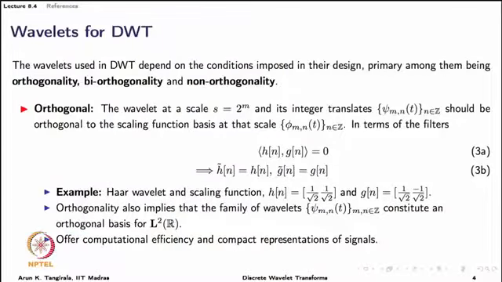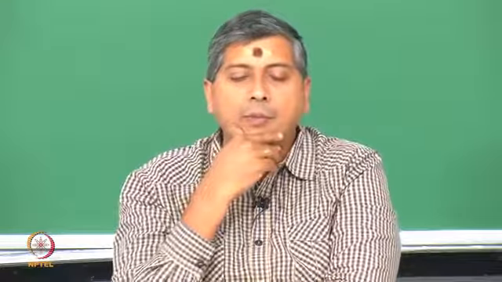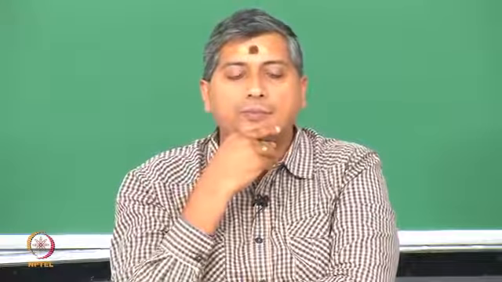Now, as far as the different wavelets for DWT are concerned, let me also help you recall that when we select wavelets in DWT, we normally select the scaling function. In fact, we select the low pass filter. We do not really directly select the wavelet necessarily, but one can do that as well.